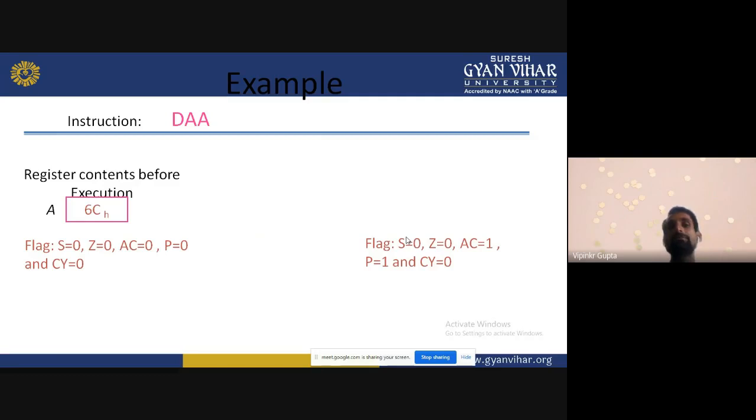DAA, that is for the accumulator. The operation is performed on the accumulator. DAA means decimal adjust accumulator.